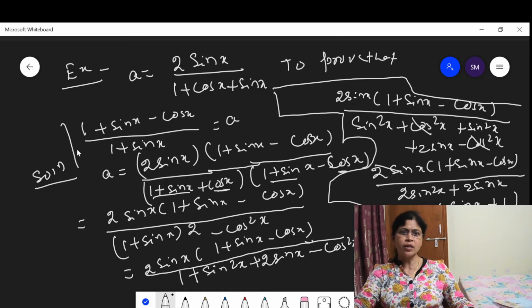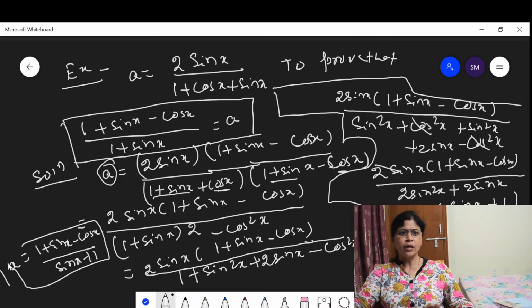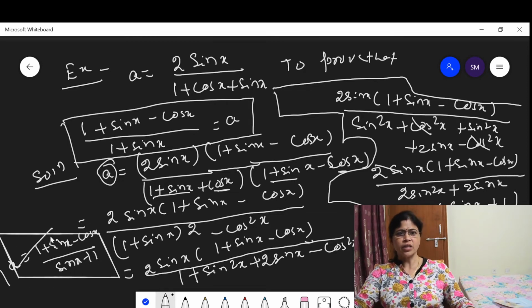Look at here, this is what we had to find out. We come to the conclusion that A is equal to 1 plus sin x minus cos x upon sin x plus 1. This is the answer which we need.